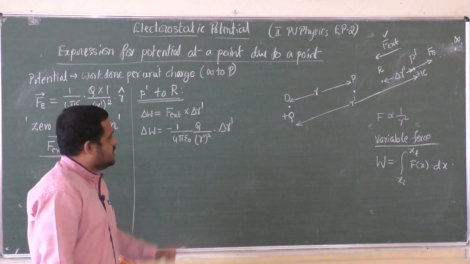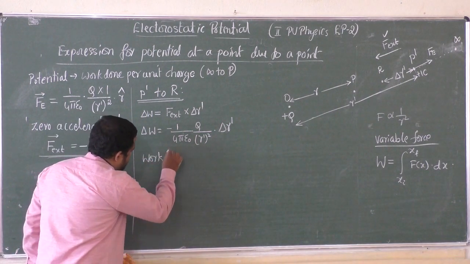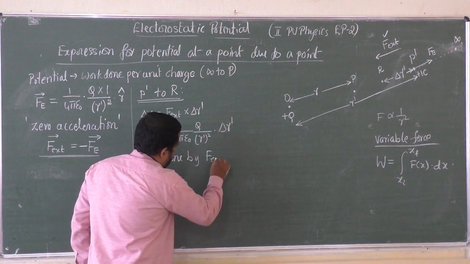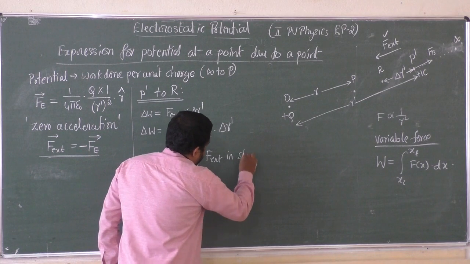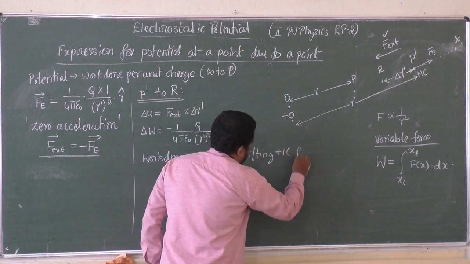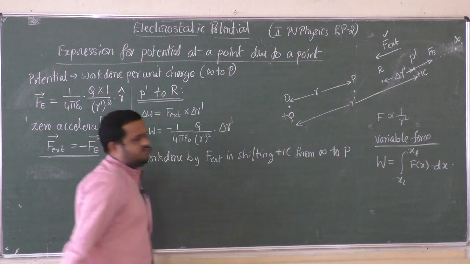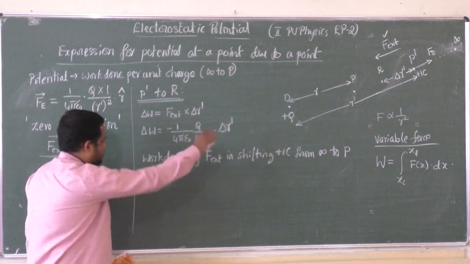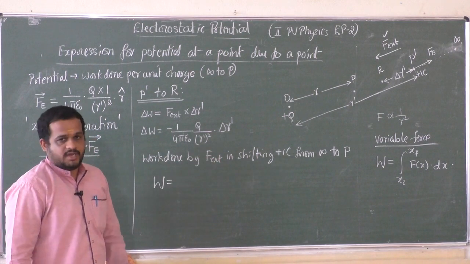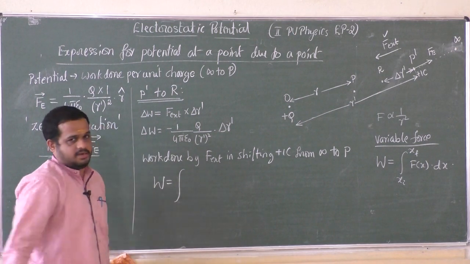Therefore, the work done by the external force in shifting a unit positive charge from infinity to point P is given by W is equal to, external force is now a variable force, so work done is equal to integration.